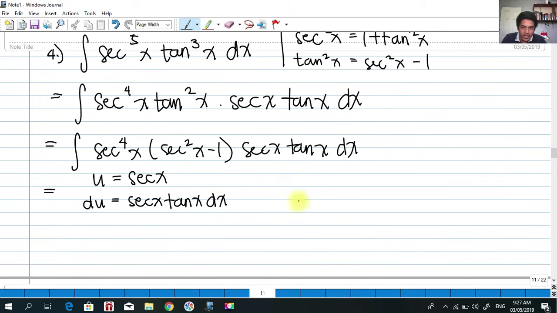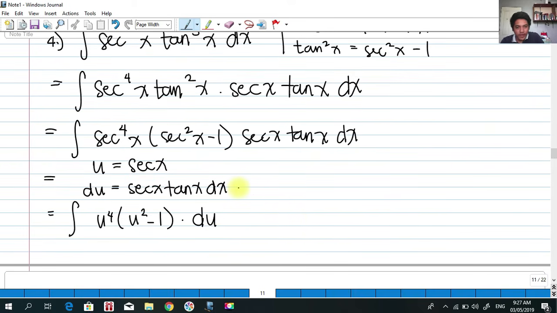So we can simply replace this: secant of x by u raised to 4, multiplied by u squared minus 1, then again du. Okay? So simplifying, now we have u raised to 6 minus u raised to 4, and that is du.